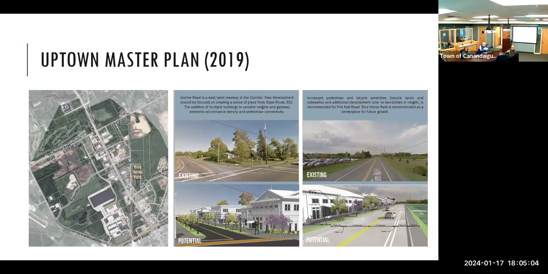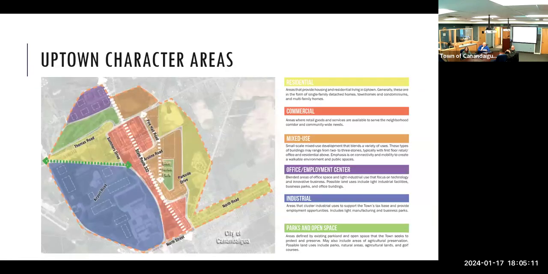One of the recommendations was to move forward with rezoning using this character area map, almost like a future land use plan for all intents and purposes, as a base. It focused on commercial and mixed use along 332, and another node of mixed use and residential surrounding Blue Heron Park.